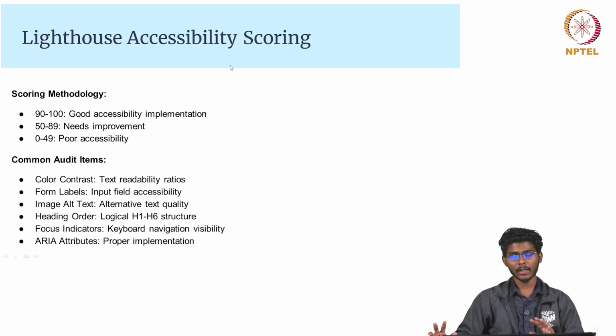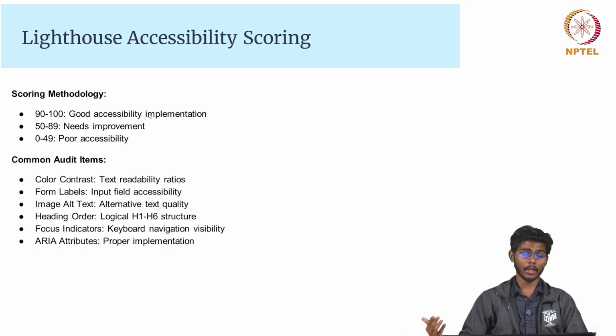If the score is between 50 and 89, it has some potential issues that need to be fixed, or it needs improvement in the accessibility features of the interface. And if the score is between 0 and 49, it basically has poor accessibility elements, and a much bigger improvement is needed in the website.